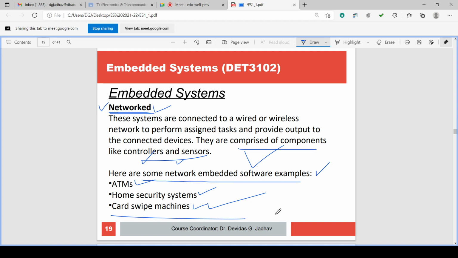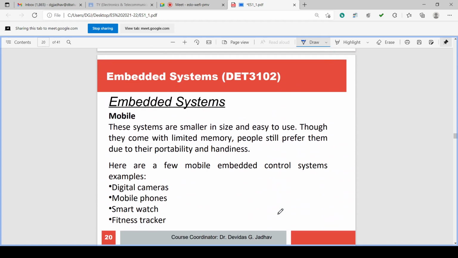So these are the local nodes and servers. So ATM, home security system, card swipe machines, these are the network embedded systems. This is the third example. What is the fourth example? Mobile. Embedded system example. The fourth example is mobile.